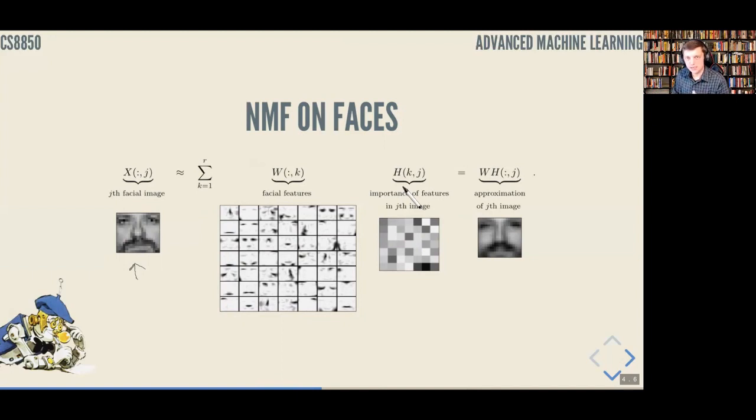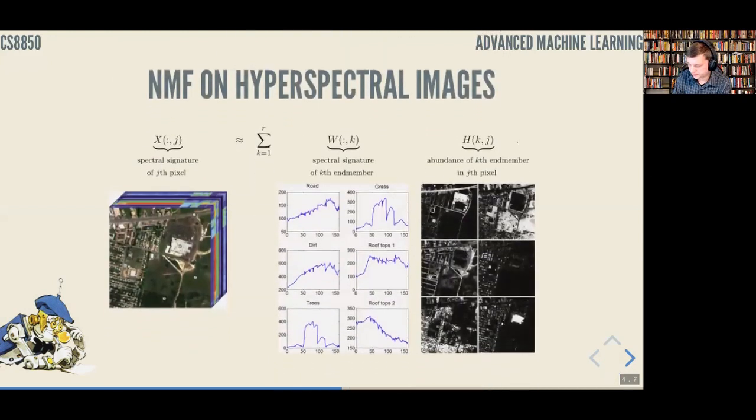PCA is canceling: PCA can add a negative face to a positive face and cancel. And the rank is small, so you're using only a small number of those facial features, and you reconstruct. That's the reconstruction. That's how NMF works.